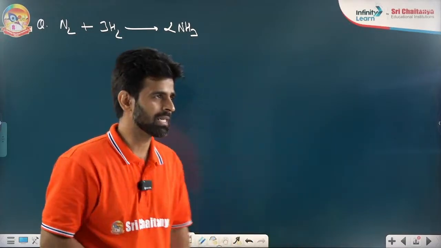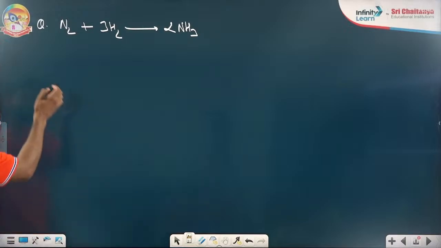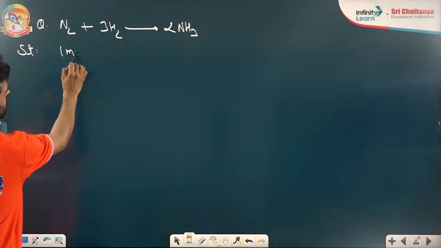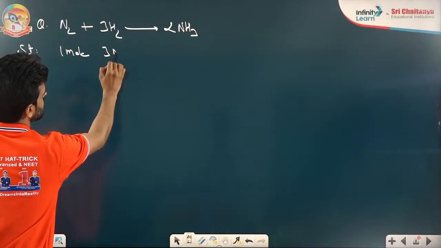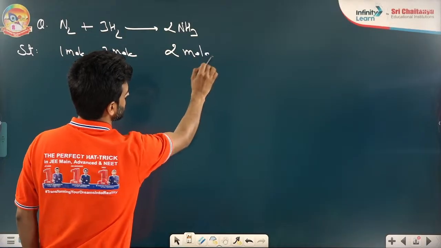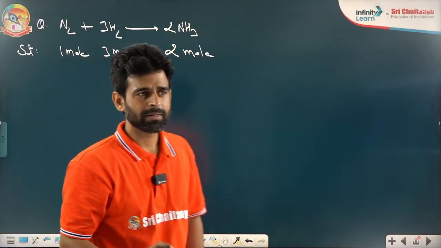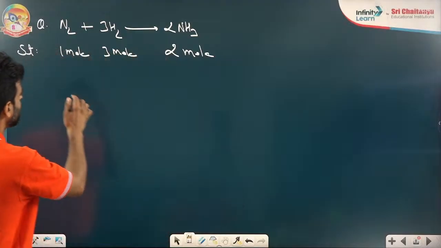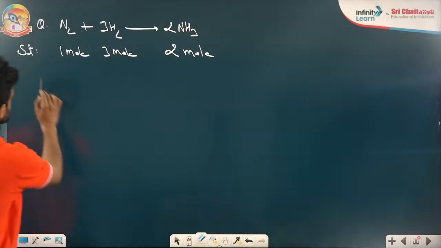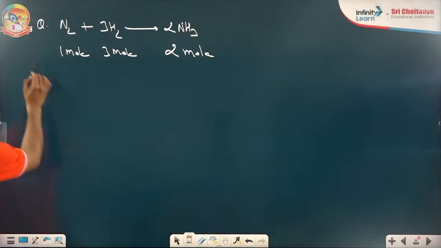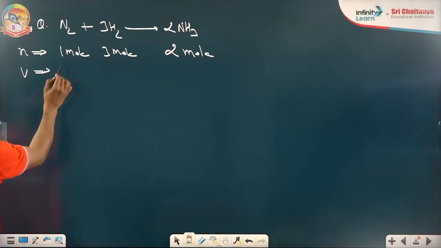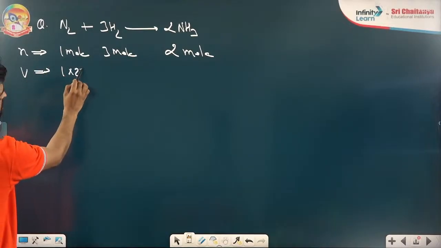Understand it carefully. Stoichiometry is telling us that 1 mole N2 reacts with 3 mole H2 and produces 2 mole ammonia. This is the stoichiometry in terms of moles. If you write stoichiometry in terms of volume, you see what is coming? 1 mole means how much volume?